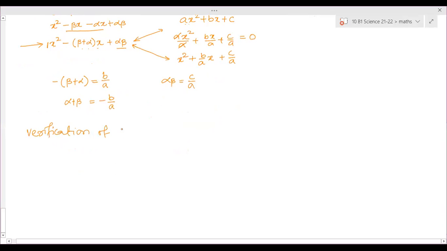Verification of these relations. I've still not got the worksheet. Give me some time, I will give it to you.